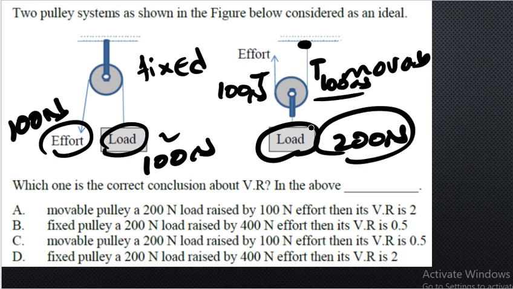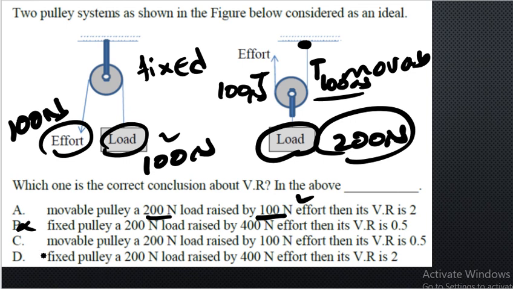It will be divided, so the load will be the larger and the effort and the other tension will be half of it. So A, movable pulley, 200 Newton load raised by 100 Newton effort. That's going to be correct when you discuss the load and the effort. But look, B, fixed pulley, 200 Newton load, it must be 200 Newton effort, because the load and the effort must be the same.